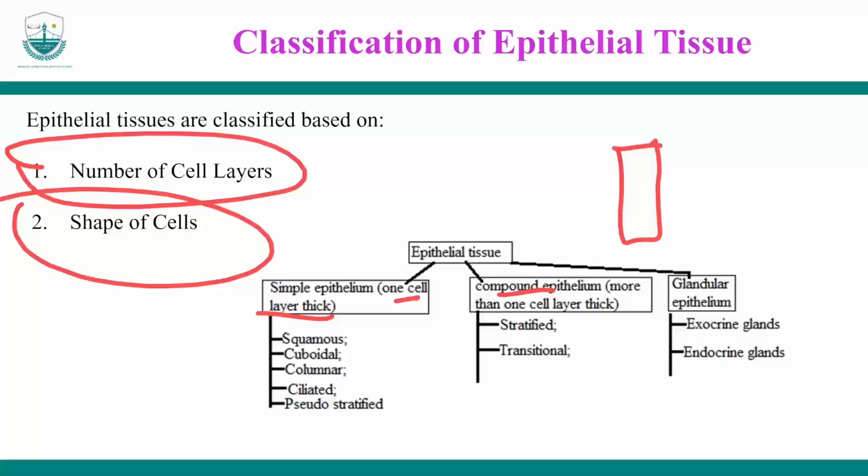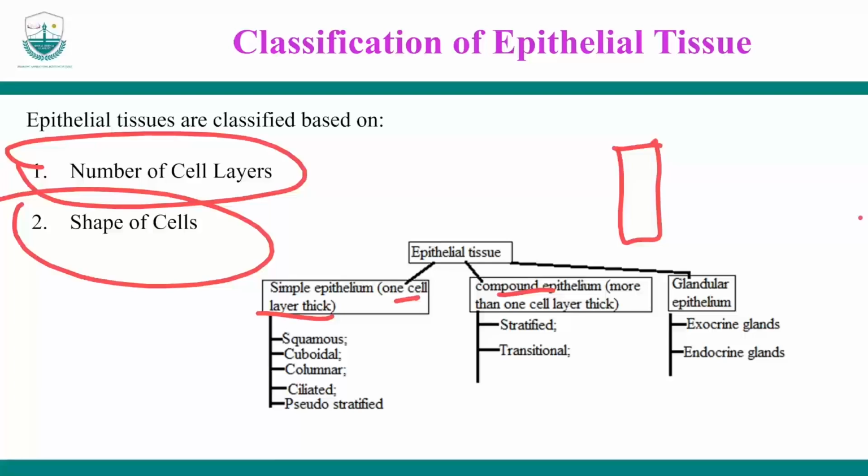And then glandular epithelium, which is about the presence of glands in the epithelium. These glands produce different secretions, sweat, saliva, and many other secretions that we shall look at. So those are the three broad categories of epithelium.